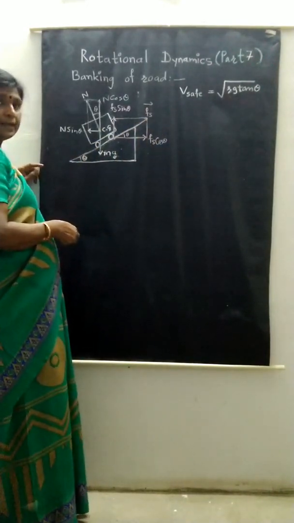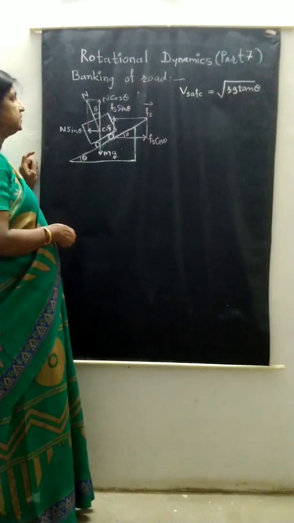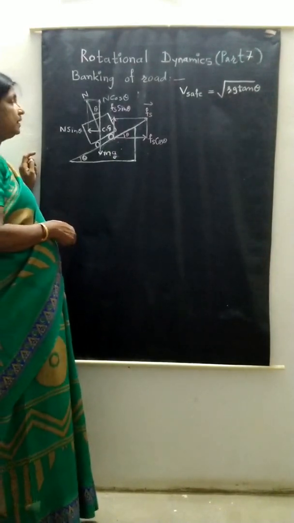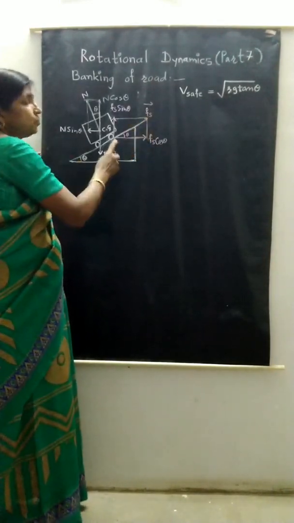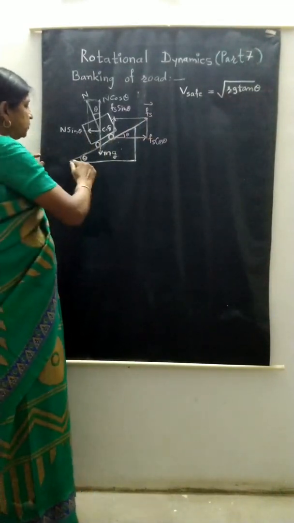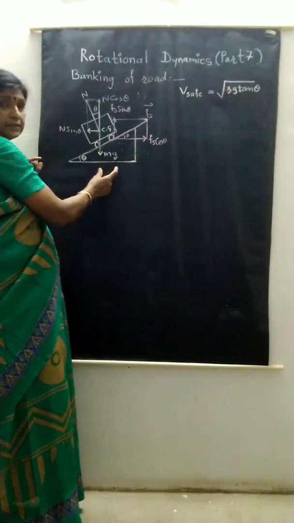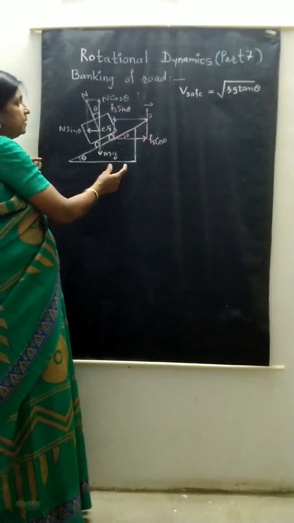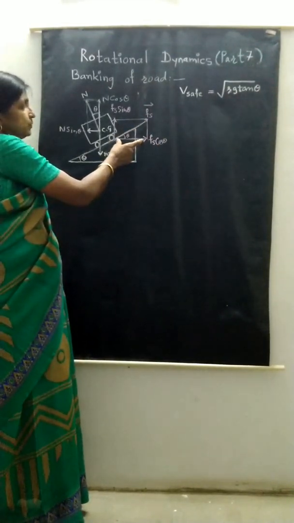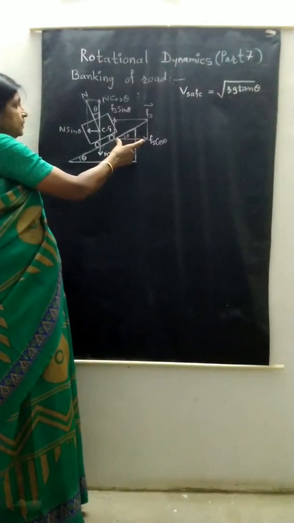In order to balance the different forces, we again resolve this Fs into two components. Now this is the road surface and I have shifted this horizontal at this point of contact.